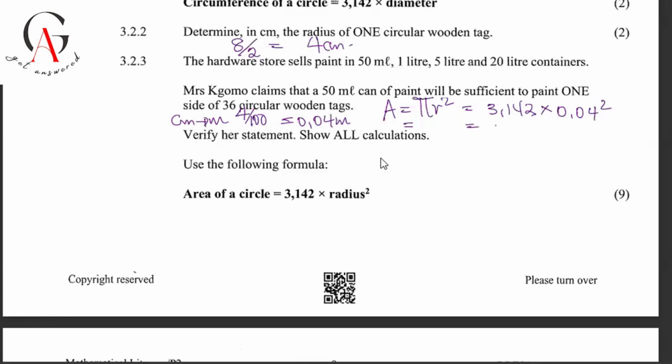So we end up having 0.050272 times 36. So we multiply by 36 and we have the area.